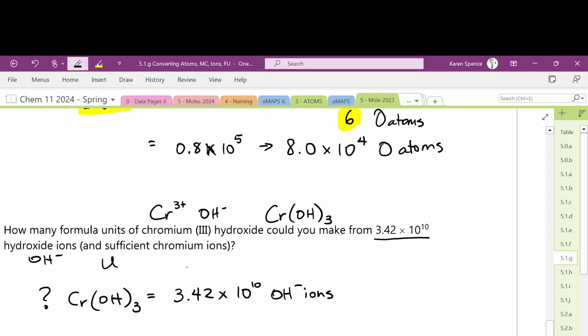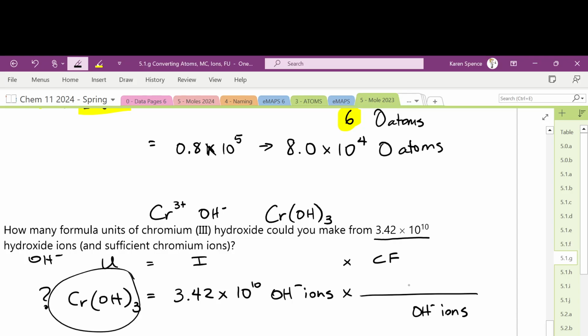So we have our unknown, that is equal to our initial quantity times the conversion factor. And so we write times, and then we draw a line. And we need to cancel. What are we canceling here? OH- ions. And we are finding Cr(OH)3.